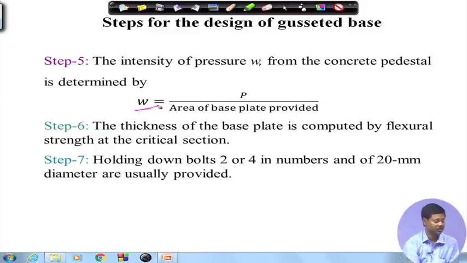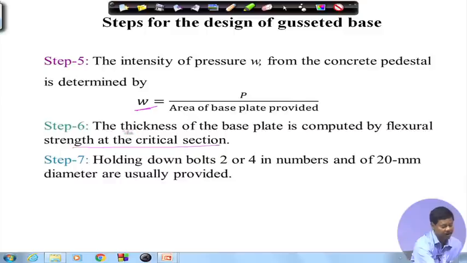Now, the thickness of the base plate can be computed by flexural strength at the critical section. We know the flexural strength at the critical section, and we know the maximum moment coming at that critical section, that is W into C square by 2. C is the overhang portion.